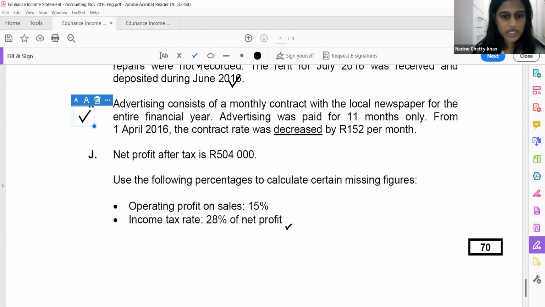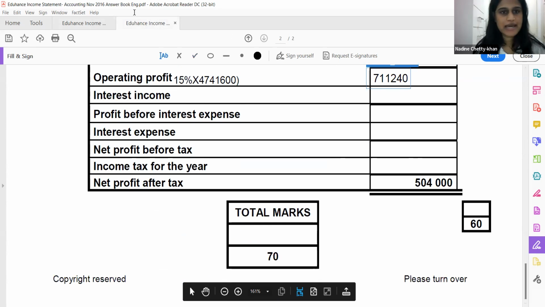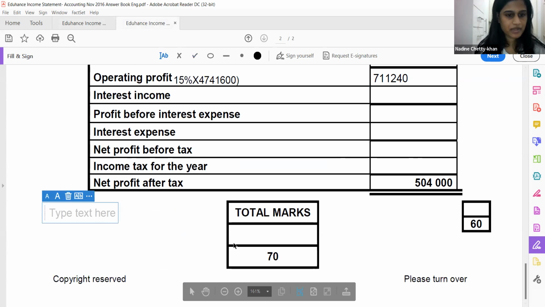Income tax rate is 28% of net profit. Now we are given net profit after tax. So let me do this on the left-hand side here, you'll see.